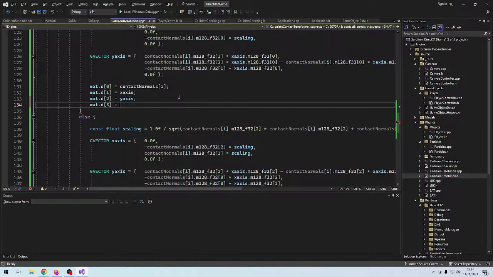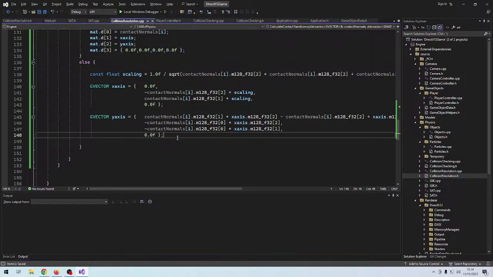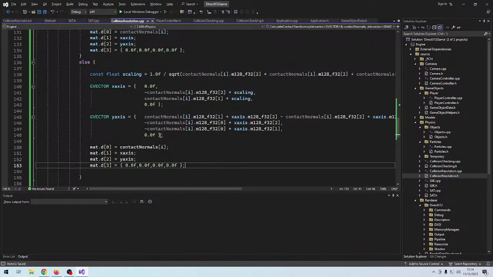The last component is supposed to be, do we want translation? No, we do not want translation. Therefore, we do like that.